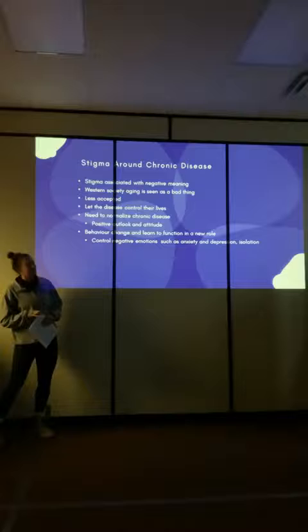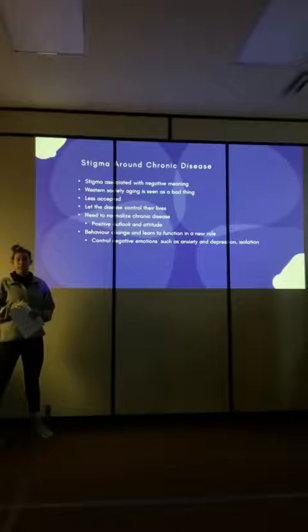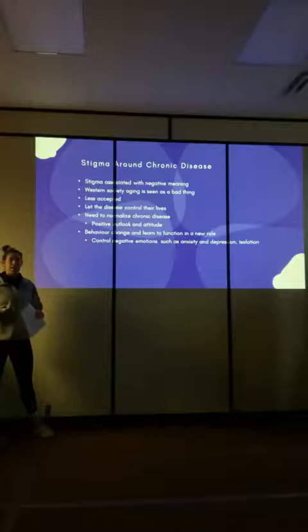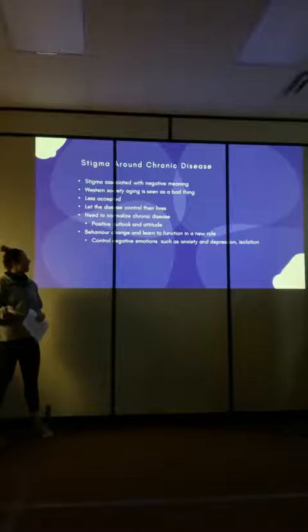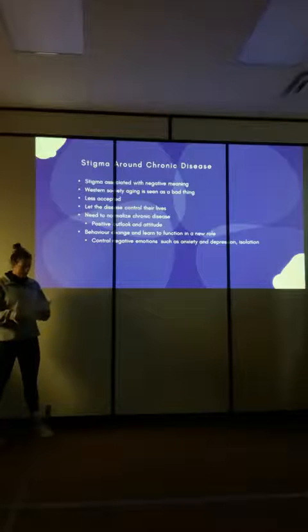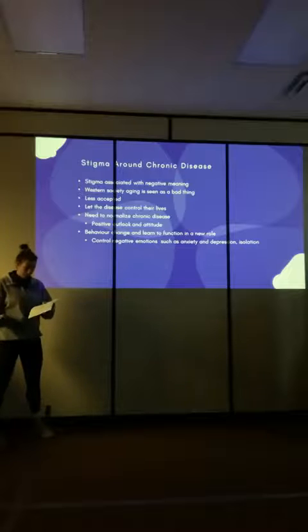Okay, so stigma around chronic disease. The word stigma is normally associated with a negative meaning, and Western society sees aging and chronic disease as a bad thing, and it normally is less accepted. But what's really important is we want to make sure that we're not letting the disease control our lives.